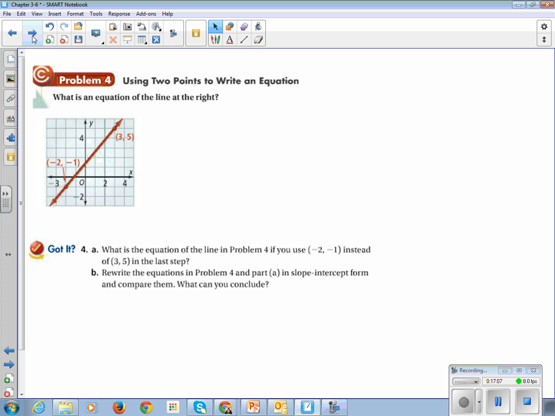Okay, so now we're going to get even more sophisticated. We're going to put our pinkies out and talk in our sophisticated voices and write an equation using 2 points. So now we're backing it up. We're not going to have a slope. We're going to have to find the slope between 2 points, and we do that by subtracting the y's and subtracting the x's.